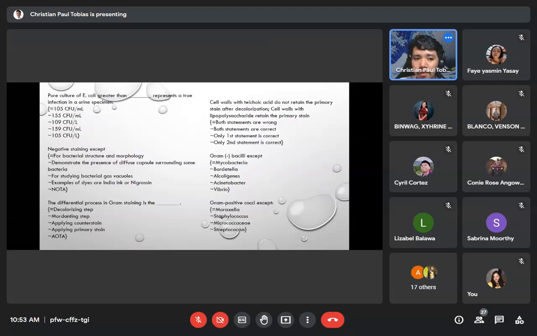Gram negatives do not retain the primary stain. What color are gram negatives? Red, right? What color is the counterstain? Red. So they do not retain the primary stain. Those with teichoic acid are your gram positives, and they retain the primary stain.